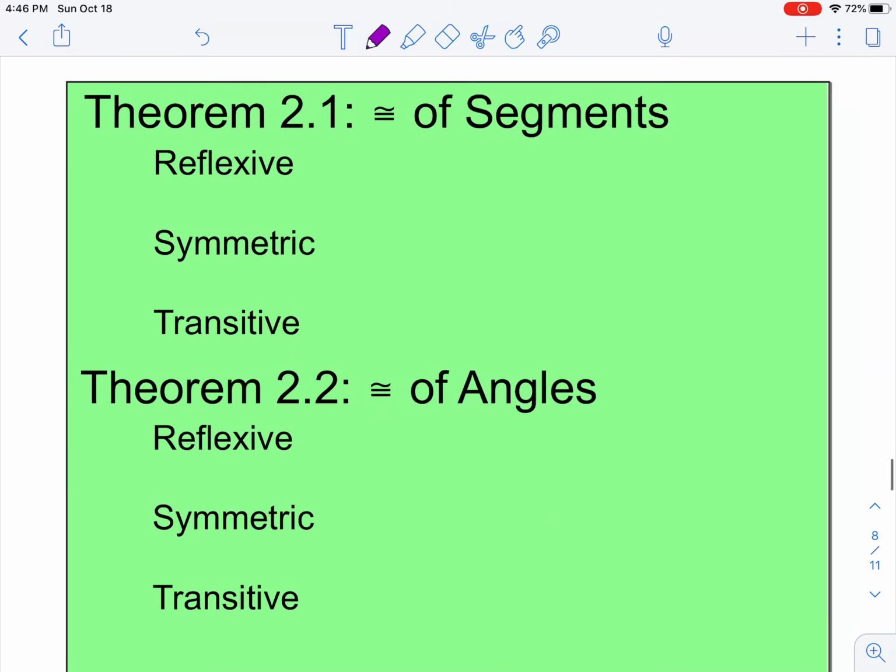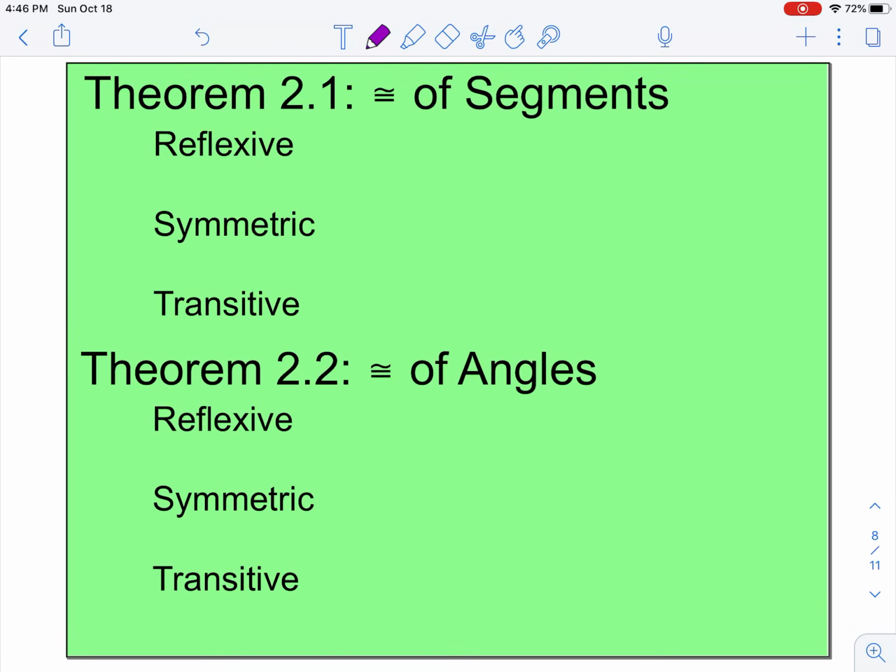So, yes, in a previous lesson, we worked on the reflexive, symmetric, and transitive, and those were all based on equality.